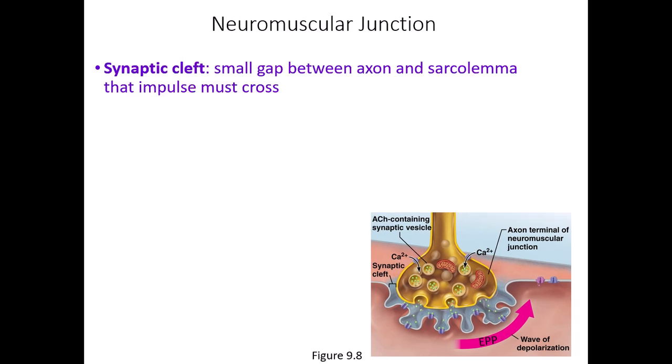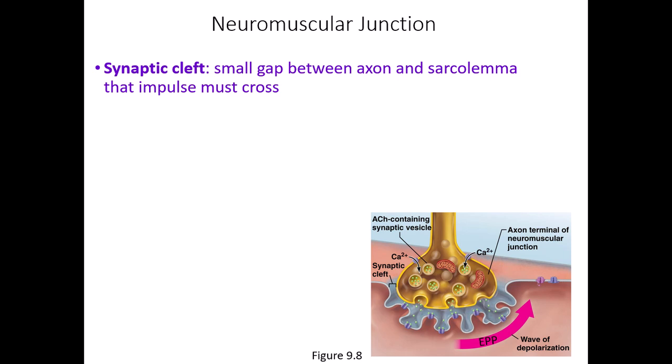Okay, same picture. The synaptic cleft is that space we've been describing, a small gap between the axon and the sarcolemma that we've got to get that electrical impulse message to cross. And we do that with the neurotransmitter, which is a chemical messenger. The synaptic cleft is filled with a gelatinous extracellular material.